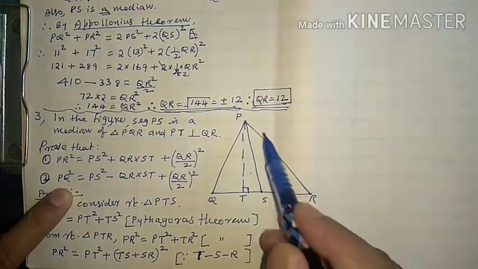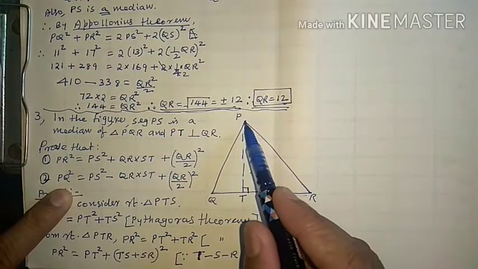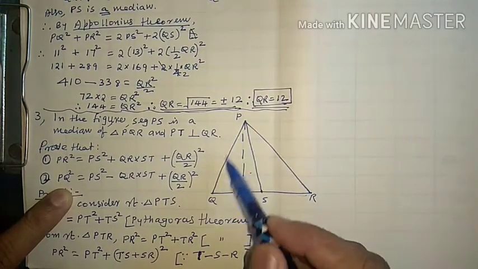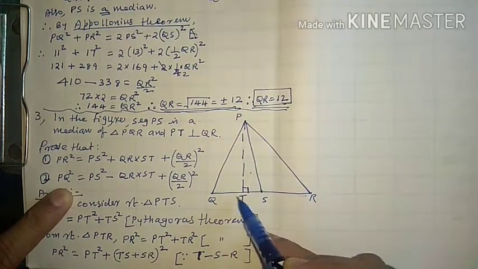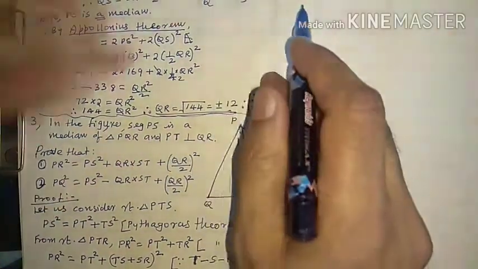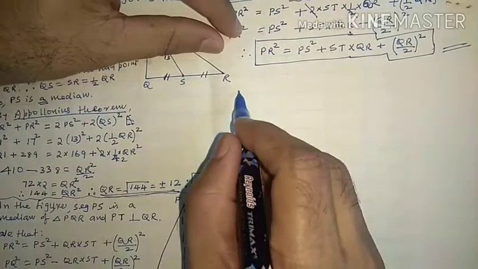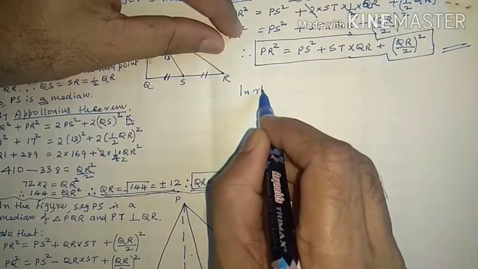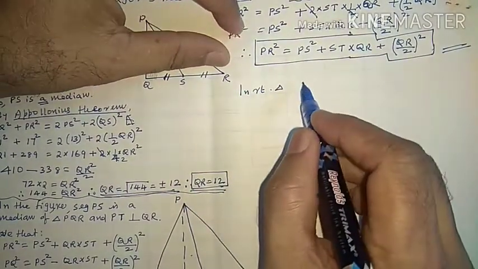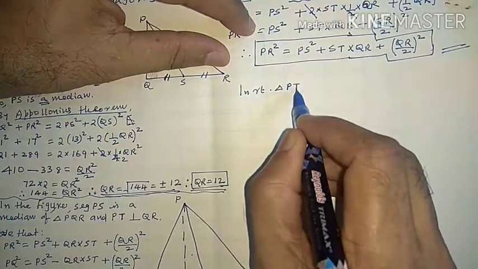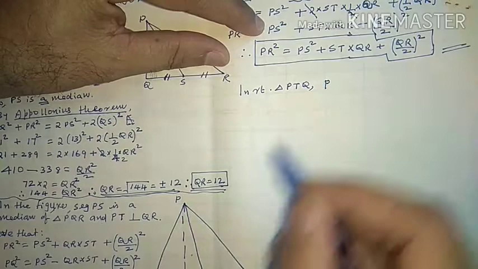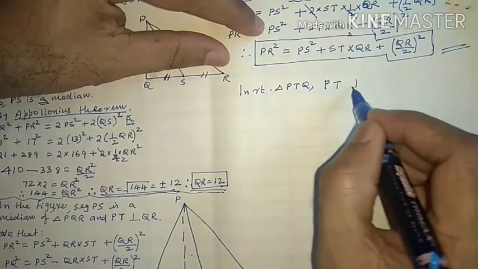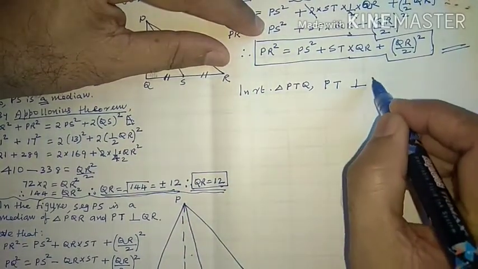So we have to consider PQ as a hypotenuse, that is triangle PTQ. In right angle triangle PTQ, we can say PT is perpendicular to QR.